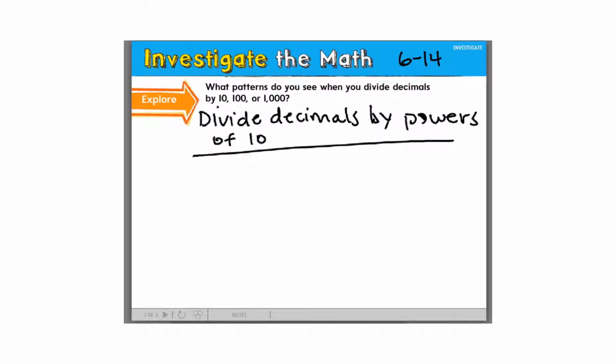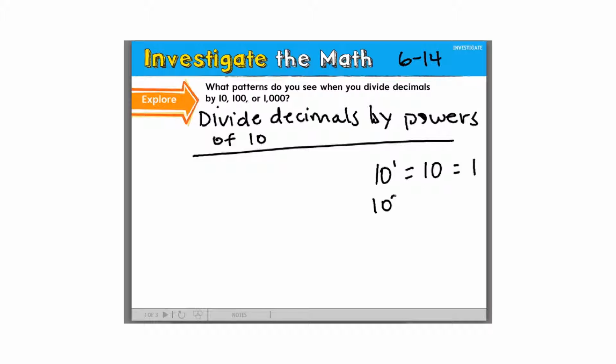So when we multiply decimals by 10, 100, or 1000, we noticed a pattern also, right? And so here was the pattern that we noticed, and I want you to write this one down in this lesson as well, even though we've talked about this before. So if you see something like 10 to the first power, it's the same thing as 10, which would mean you would move your decimal one space.